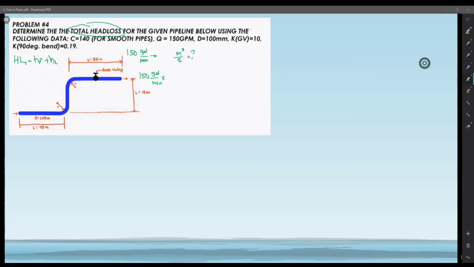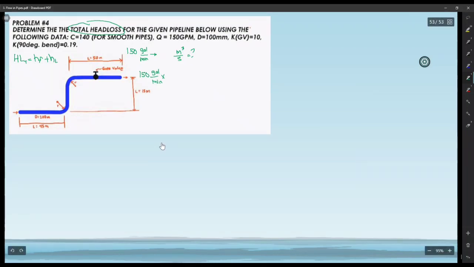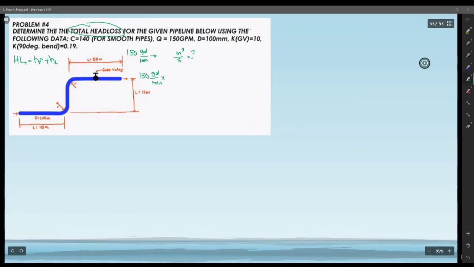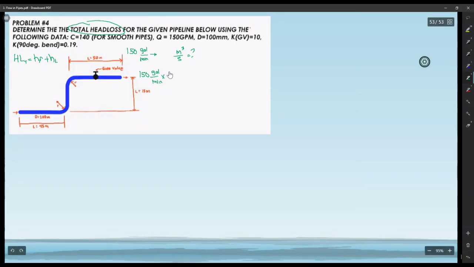How many liters are there in one gallon? The conversion is, in 1 gallon, we have 3.785412 liters. And we have 1,000 liters in every 1 cubic meter. Let's cancel out these terms, so what's left is cubic meter.